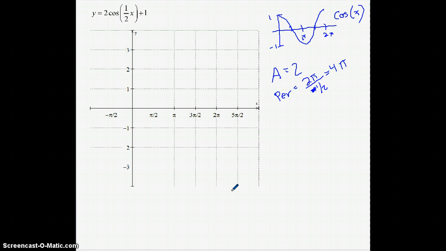Okay, so I realize I'm going to have to adjust my graph a little bit because we don't have enough space on here for something that's 4 pi long. So I'm just going to change these a little bit. Just these.